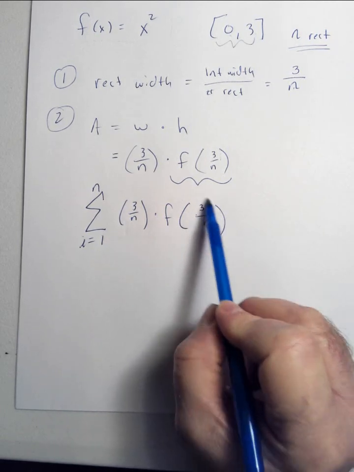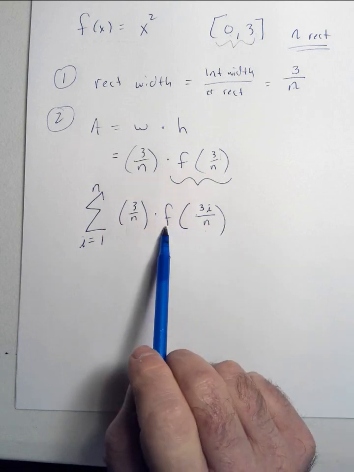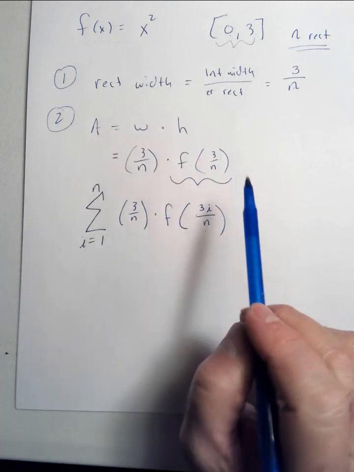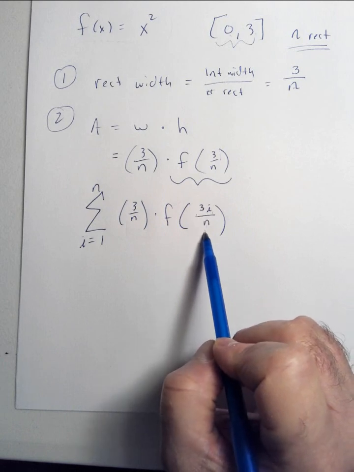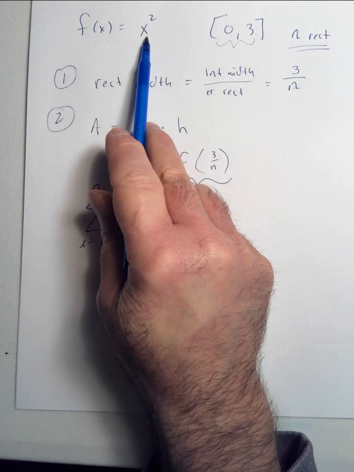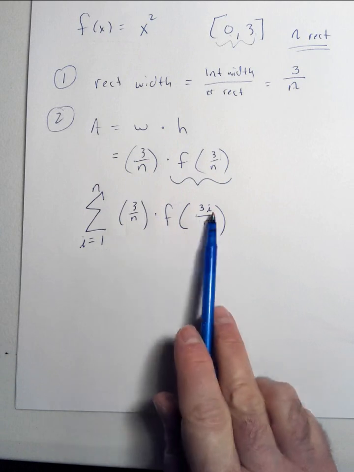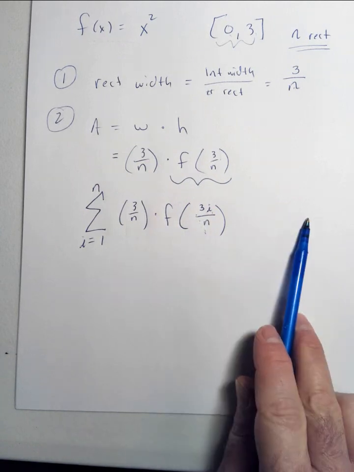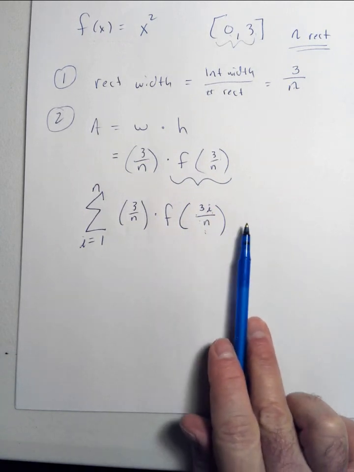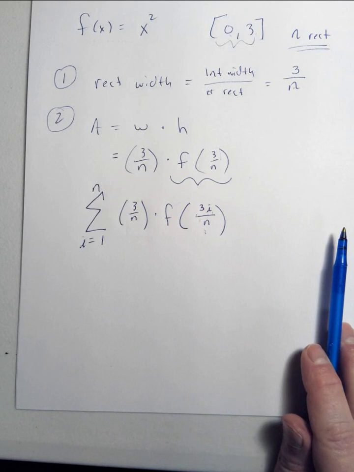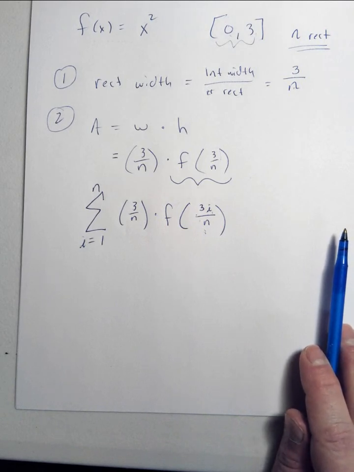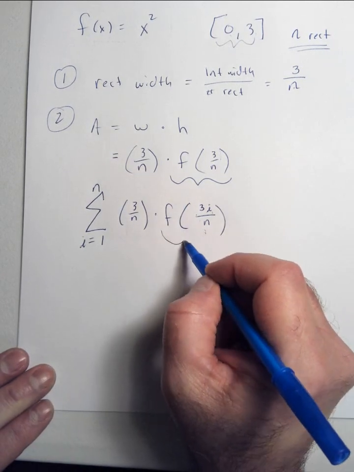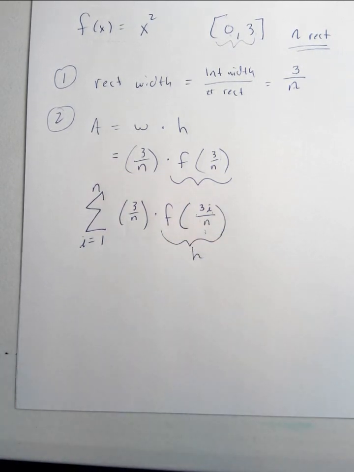So we plug in 1 width into the function f. When i is 2, this becomes 2 widths. So we're plugging in 2 widths into the function. So every time i changes, we go up 1 width. And so we're moving right along that interval. And we're adding in the right endpoints of those rectangles to find the height. So this, again, represents your height.